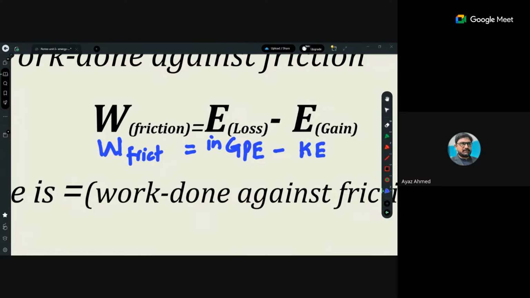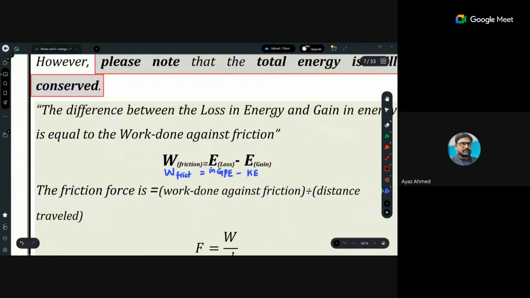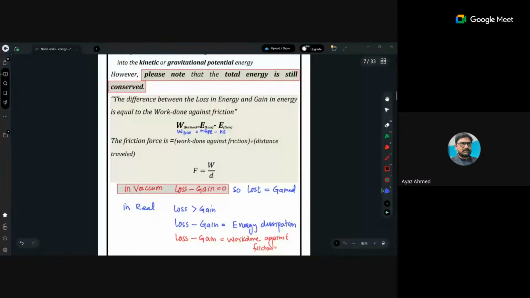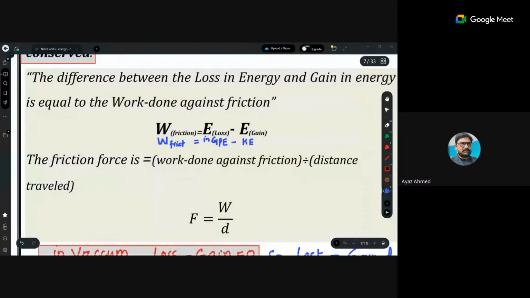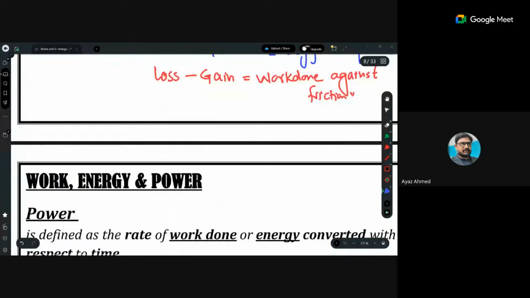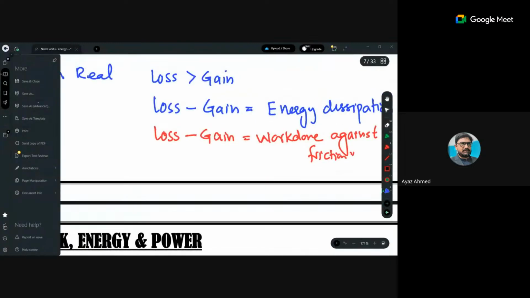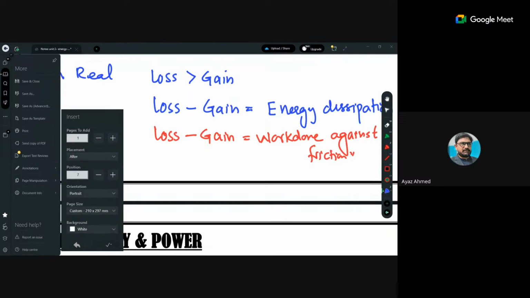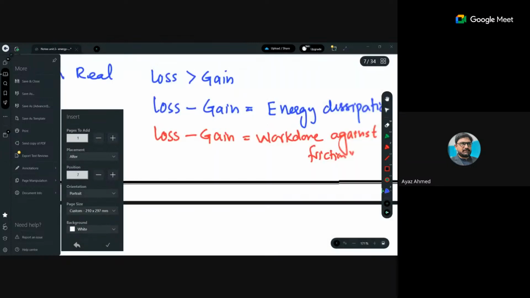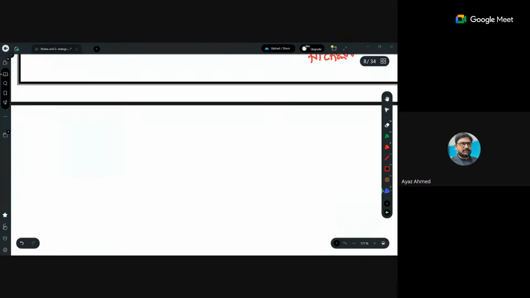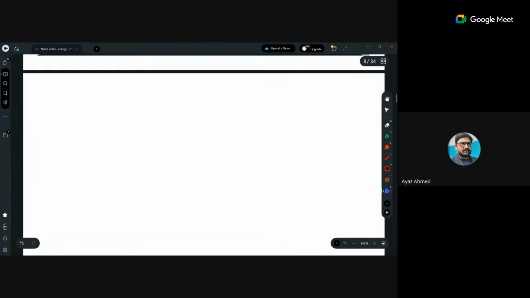Okay. Yes, sir. This is an important topic, very important, very important. For example, I will plug in a page here to make it clear. Here is the interconversion of energy.